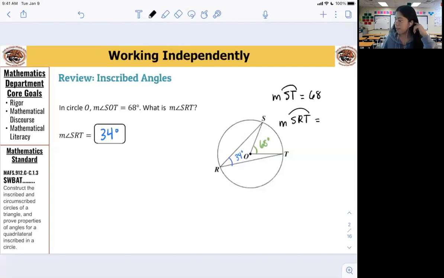Check out the math. Wait, maybe it is 104. No, it's not 104. No. Not 112.